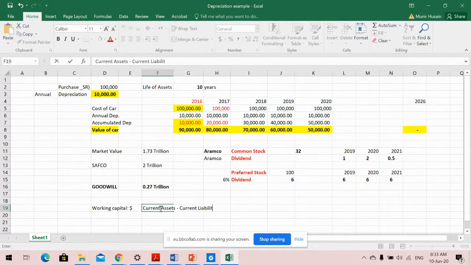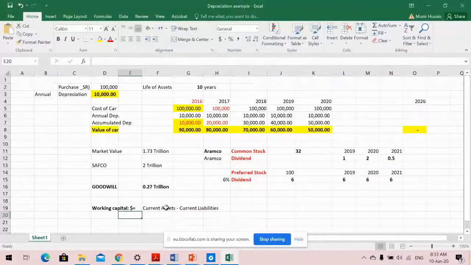This is the formula for working capital. Right, working capital is current assets minus current liabilities, and we already solved it.